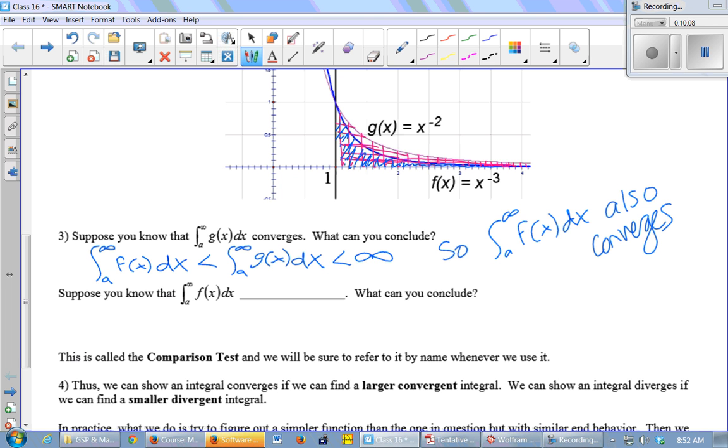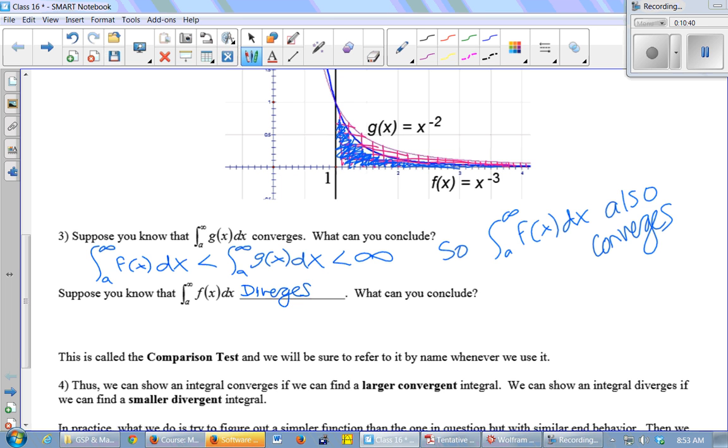Okay, so now I'm going to reverse things a little bit. I'm going to start by looking at the area under F, this blue area there. Ignore the formulas, and suppose we know that the blue area under F is infinite. There is an infinite amount of area that I shaded in blue there. So I'm going to write diverges. Suppose you know that integral diverges.